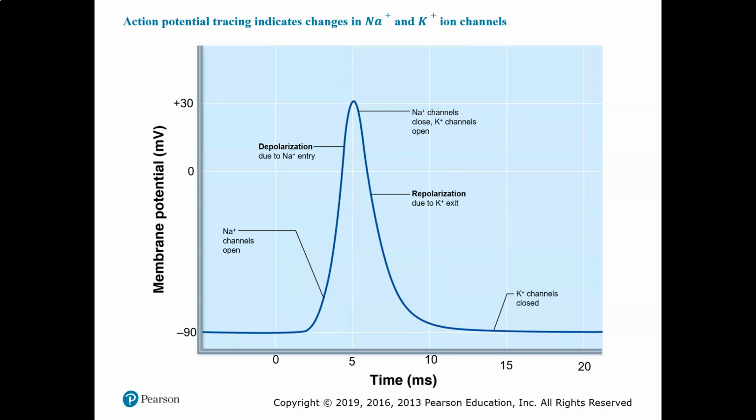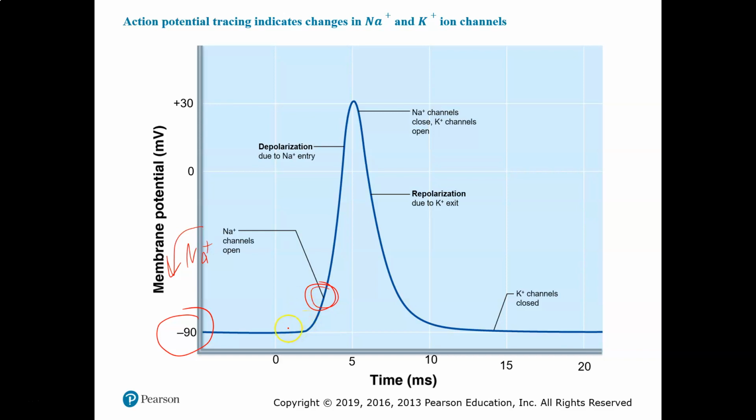This is a graph that shows you basically what happens in a muscle cell. Muscle cell resting membrane potential is a little different from a nerve cell resting membrane potential. So instead of negative 70, it's negative 90. So what's going to happen is sodium channels are going to open, and because sodium is positive and you've got sodium positive charges going into the cell, you're going to make it less negative.